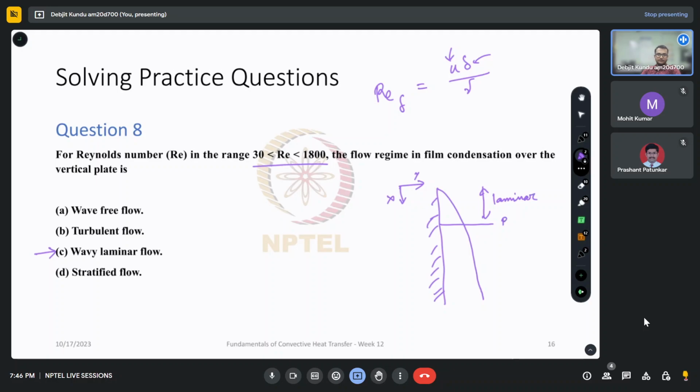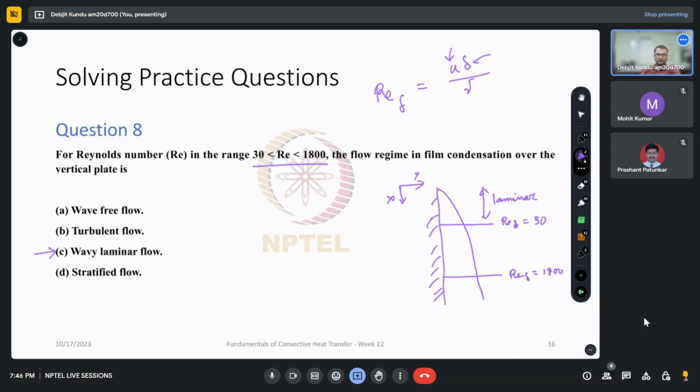Up to a Reynolds number of 30, the flow remains laminar, and beyond a Reynolds number of 1800, it becomes turbulent. In between, there is a transitional zone from laminar to turbulent, which is known as wavy laminar flow.